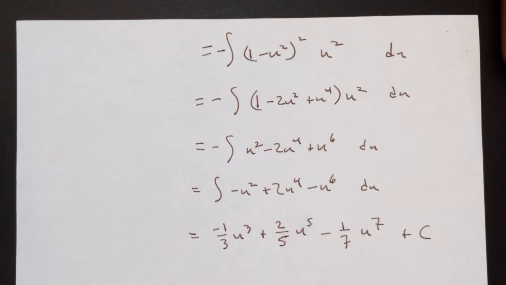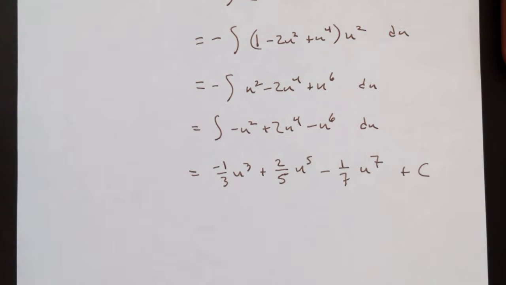It worked. But I'm not done. One more thing. But wait, there's more. I need to take my substitution and put it back in. I started this problem in x, so I need to finish it in x.